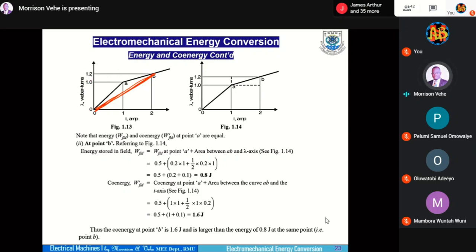So you have a change of 0.2 from A to B. Basically, if you are going through it, you should pay attention to those things. It's a simple thing.